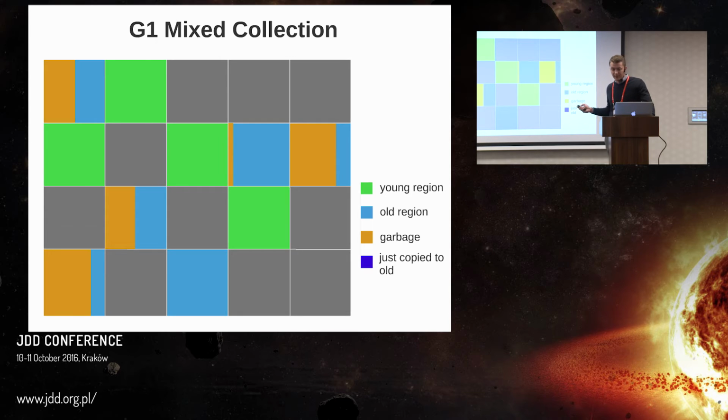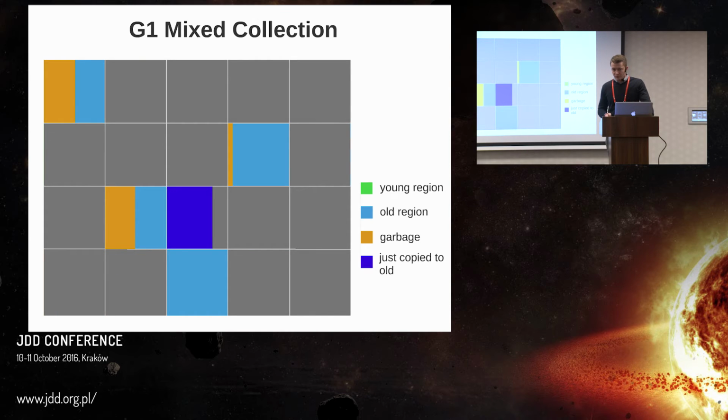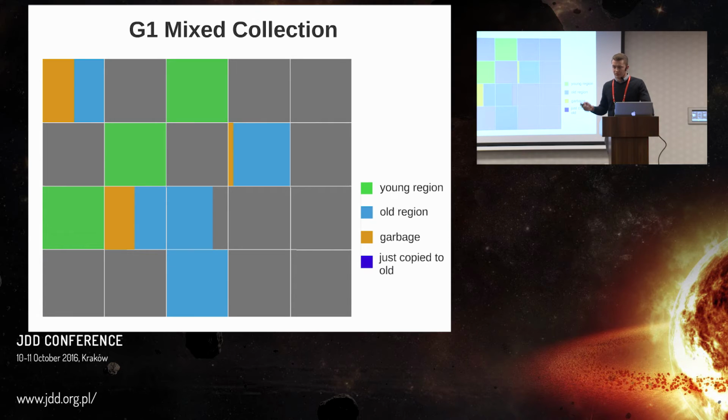And it will get all regions from the young generation and the regions from the old generation that have mostly garbage. So this is where the name of the algorithm comes from, garbage first. It will evacuate those objects to a new region, and now spot that not all the regions were evacuated. We still have some regions here. And those regions will be evacuated during another mixed collection cycle.